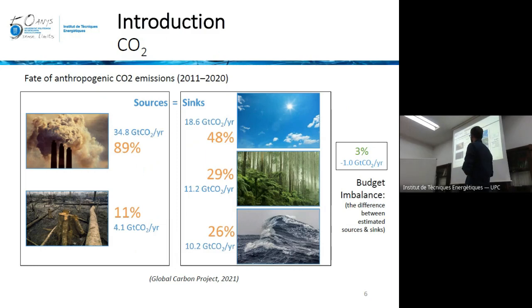Looking at CO2, most of it is coming from burning fossil fuels, and about 11% of the increase in CO2 emissions is due to land use change and forests. And where does this CO2 go?